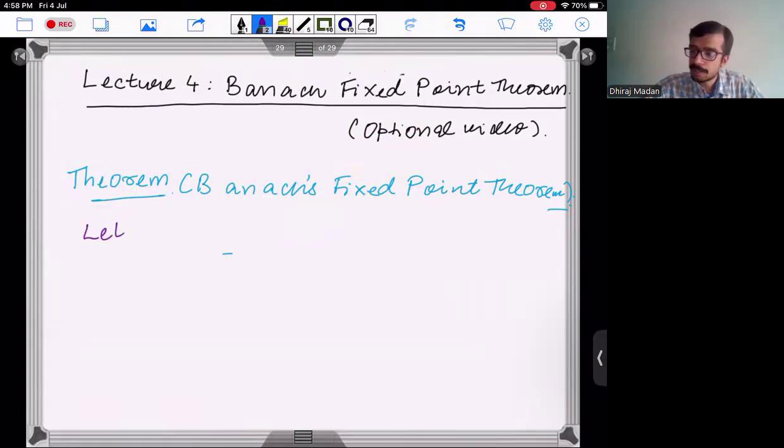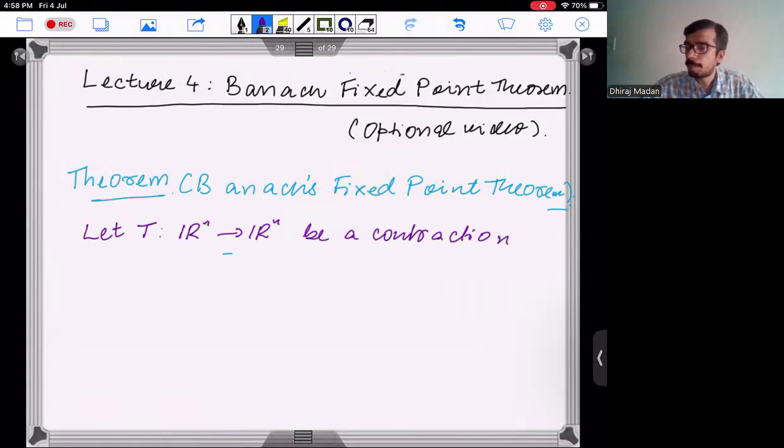So let T from R^n to R^n be a contraction mapping. Actually, the theorem is more general, for arbitrary metric spaces. But since we are not going into the theory of metric spaces, let's just consider it as a mapping from R^n to R^n.